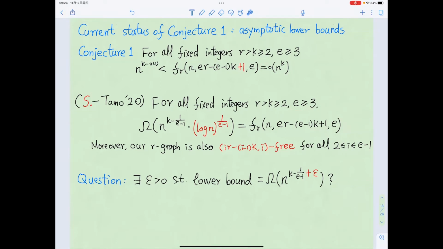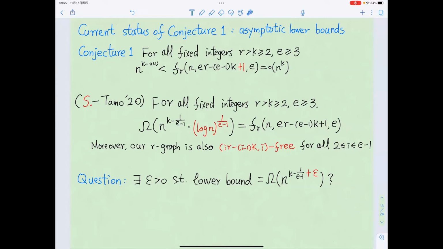To prove this improved lower bound, our strategy is that we relate the value of this function to the independence number of some appropriately defined linear r-graphs. In spirit, this logarithmic improvement of the lower bound is similar to the improvement of the independence number of locally sparse graphs.